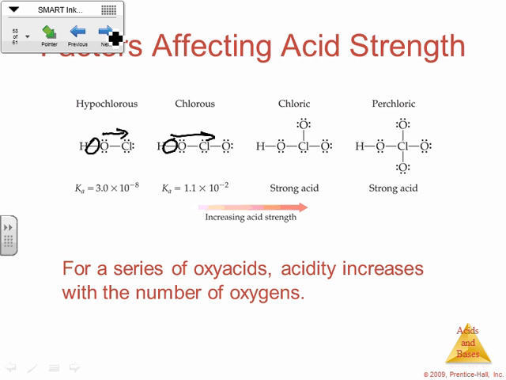And you just keep adding things to this, and it keeps getting pulled more and more away, and this bond gets more and more polarized, and then the hydrogen has a stronger tendency to leave, okay? So for a series of oxyacids, acidity increases with the number of oxygens as well.